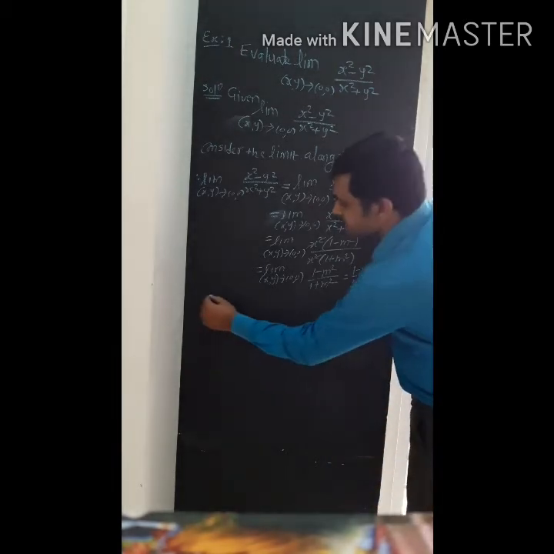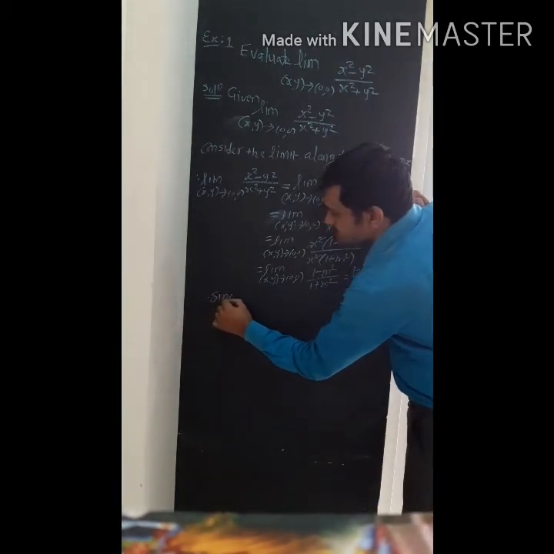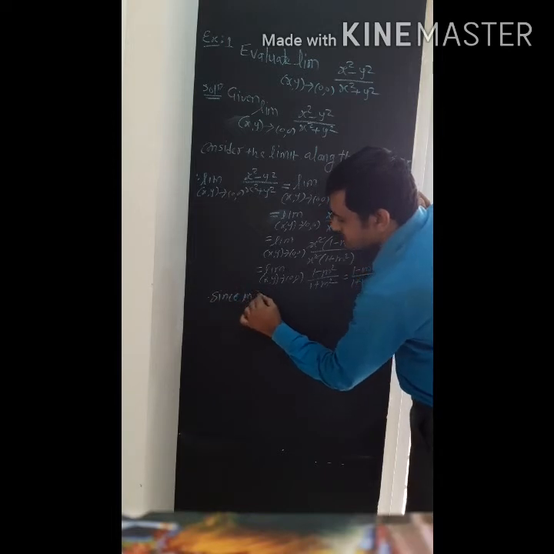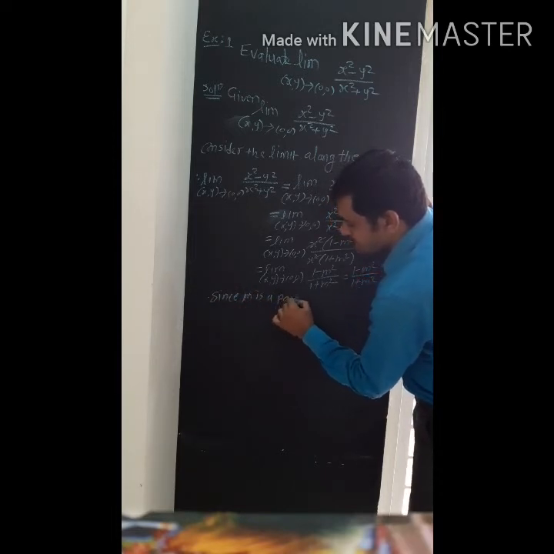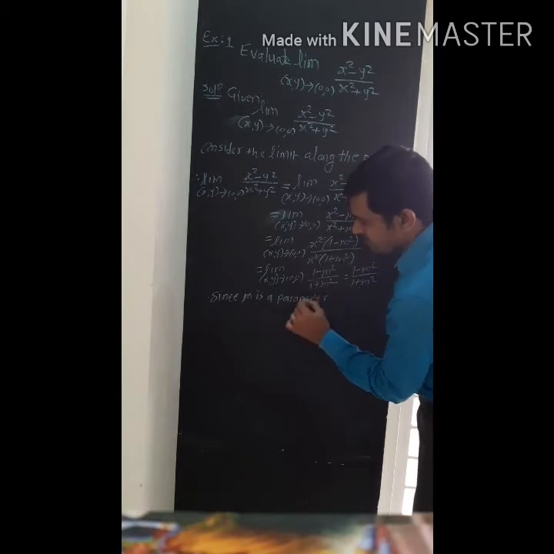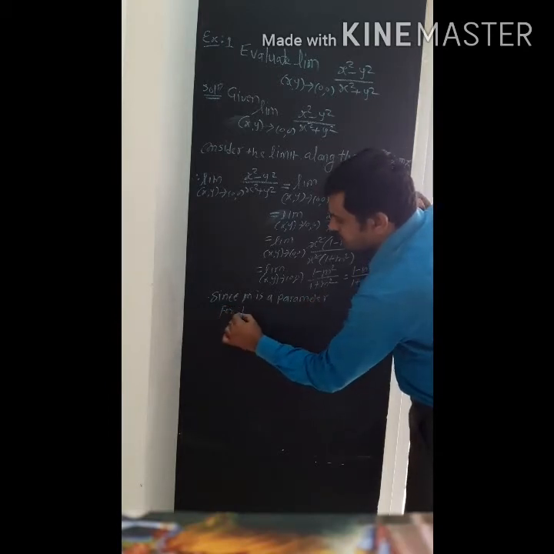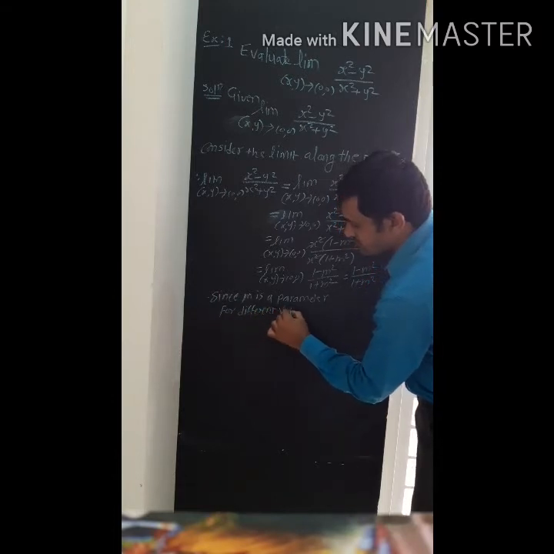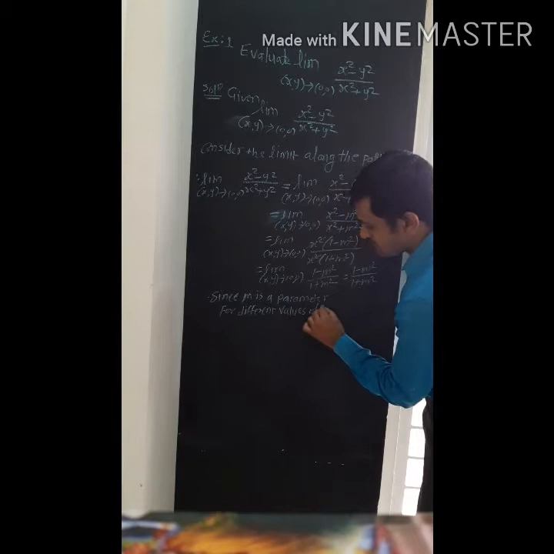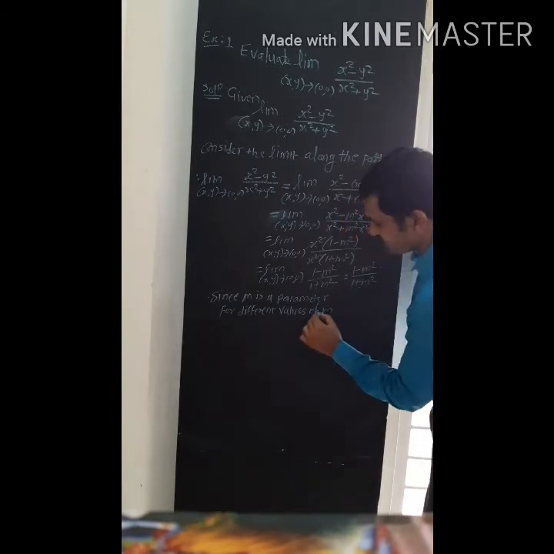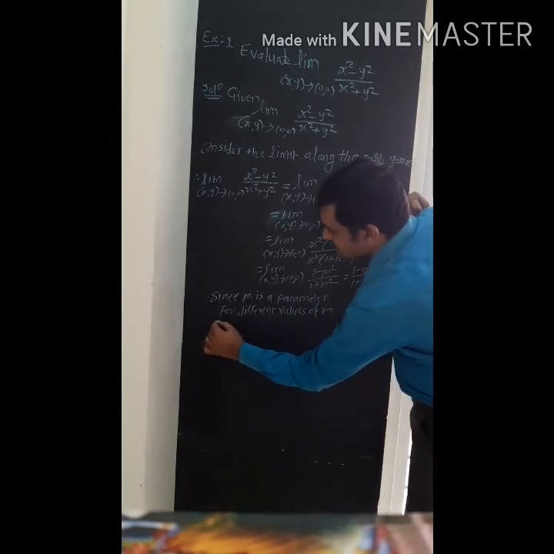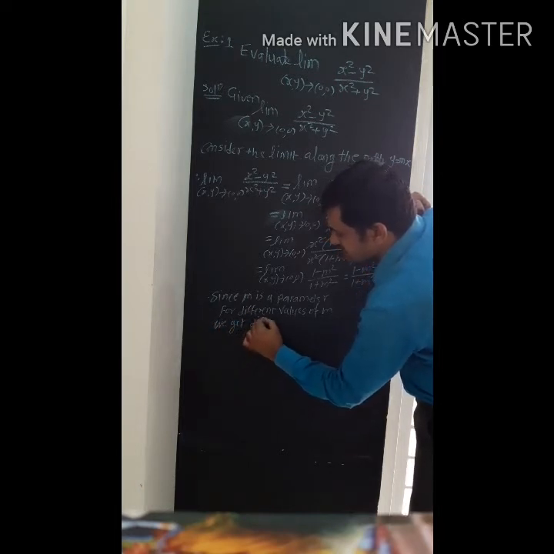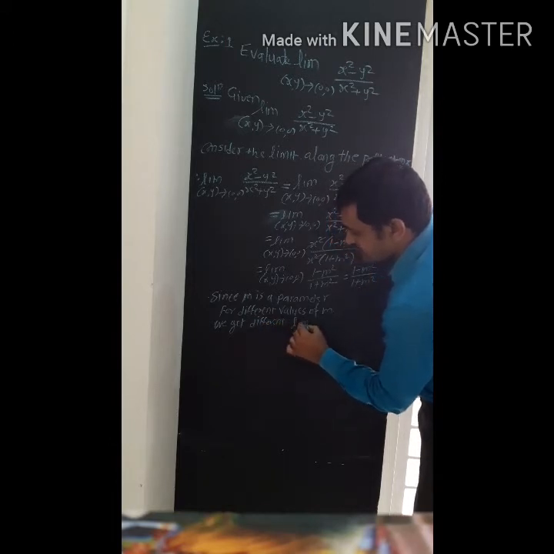So write it as: since m is a parameter, for different values of m we get different limits.